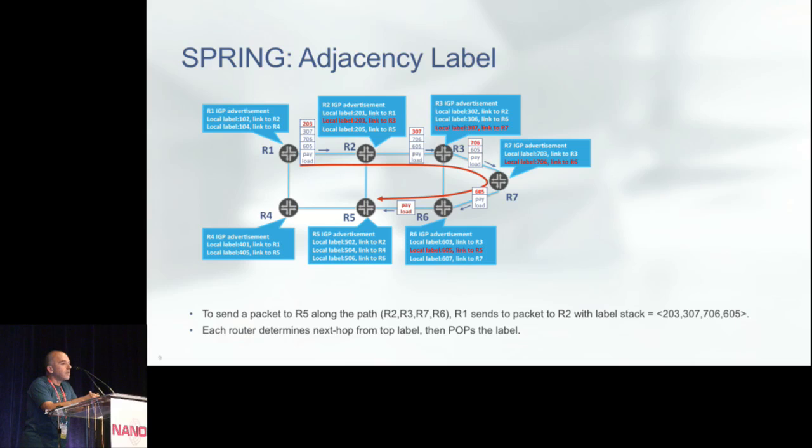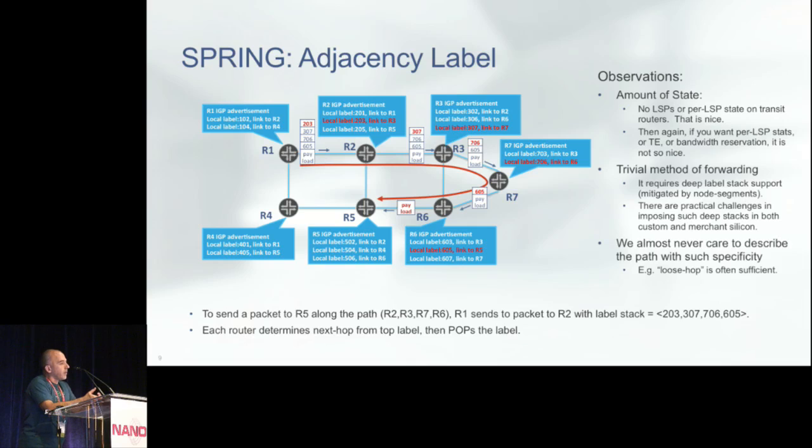And that label meant, hey, if I get a packet with that label, I'm going to pop it first, and then I'm going to forward it to router 3. And then router 3 is going to receive a top label of 307 and do the same thing. Router 7 is going to do the same thing until the packet header dwindles and the payload of that packet ends up in router 5. So we just source routed that packet.